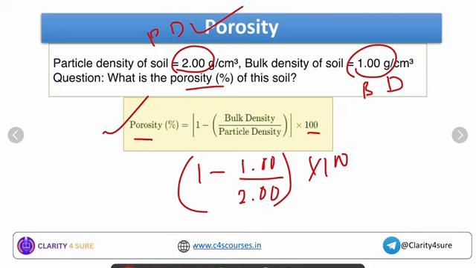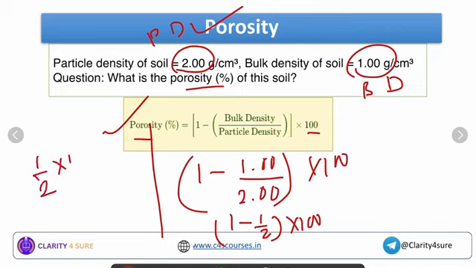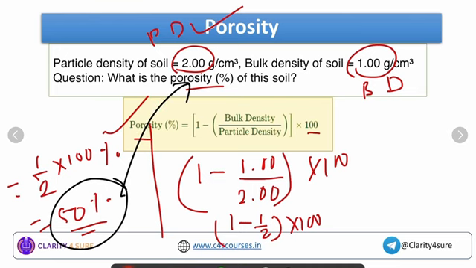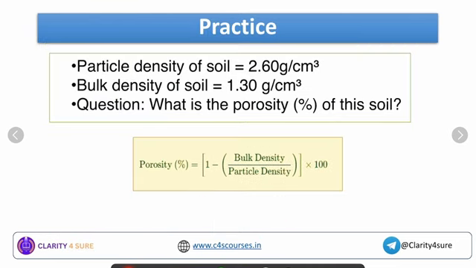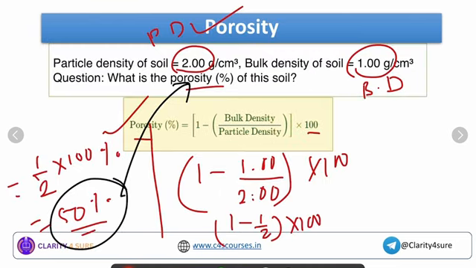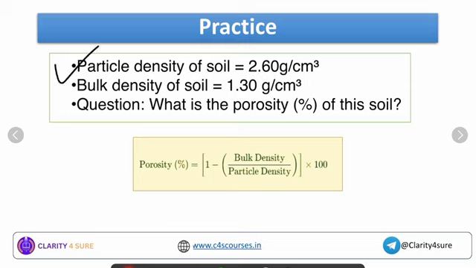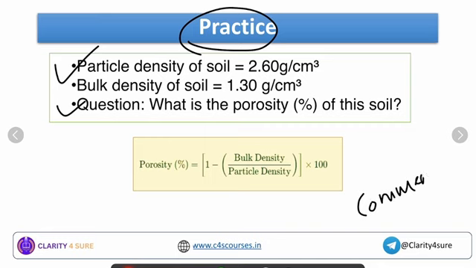This is 1 by 2, so 1 minus 1 by 2 into 100. 1 minus half is half, into 100, that is 50 percent. So the answer here is 50 percent porosity. That was simple, right? This is a practice example for you. You can try it and comment the answer in the comment section.